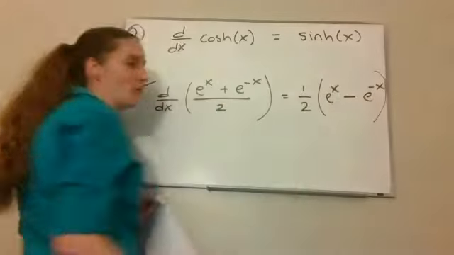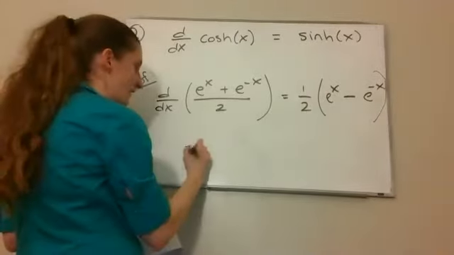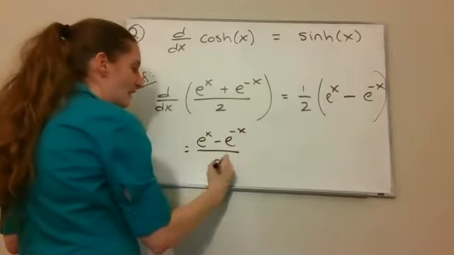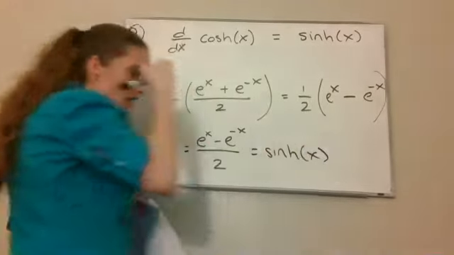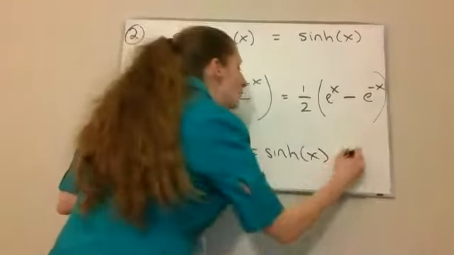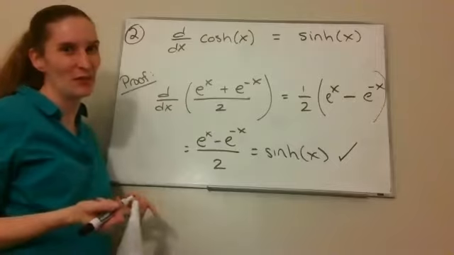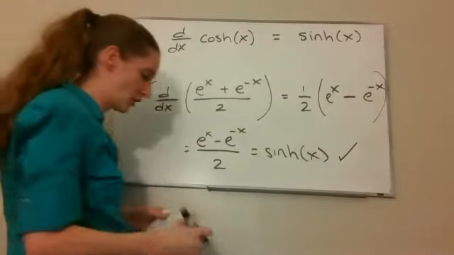So that changes it to a minus sign in the front there. But then what's this? Well, that's exactly equal to e to the x minus e to the negative x over 2, which is our hyperbolic sine with no negative sign in the front. So we do not get the derivative of hyperbolic cosine as negative hyperbolic sine. We don't have that negative like we do with the trig functions.